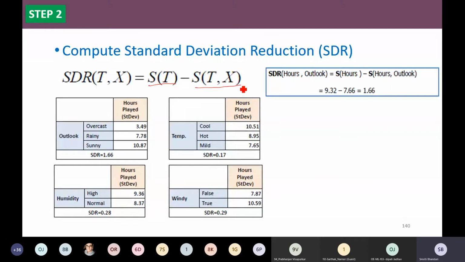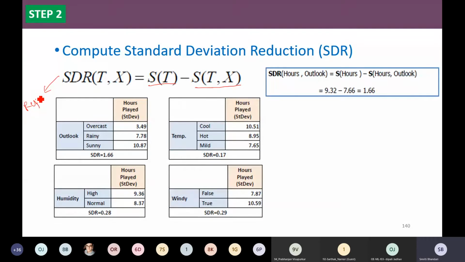S(T, X) we have computed and depicted here in this table. Using these two parameters, we are going to compute this SDR(T, X).